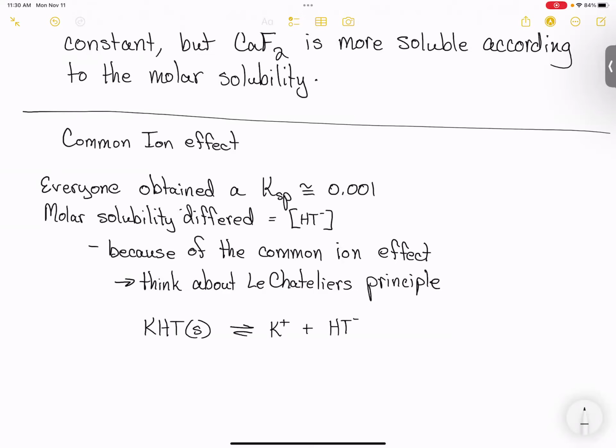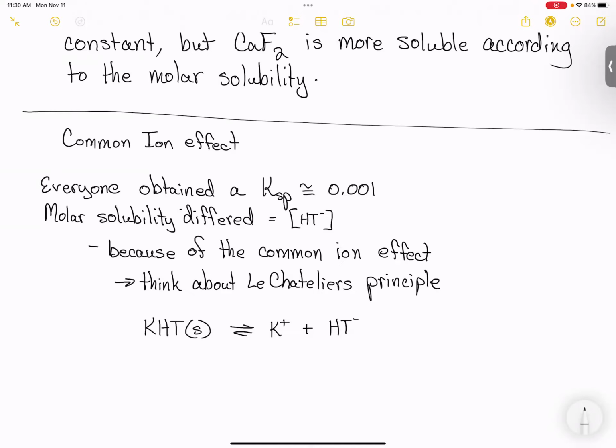We would expect if we threw solid KHT in water, which direction should this reaction head? Should head towards the products, because you were adding a reactant. So you were driving the reaction towards the products.